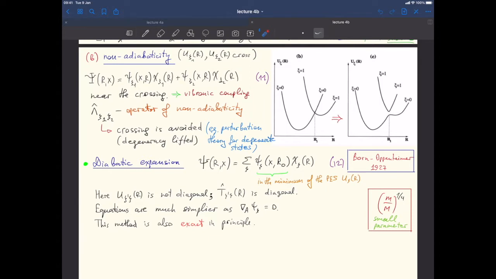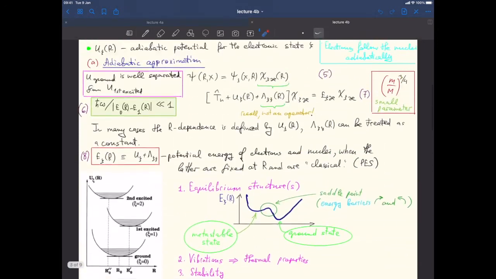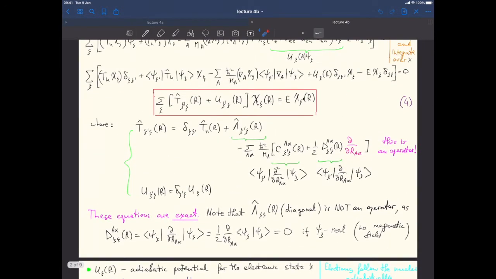In that case, our equations for the nuclear wave functions Xc1 and Xc2, there will be two of them in that system of equations. There will be two equations here, which one needs to solve together.